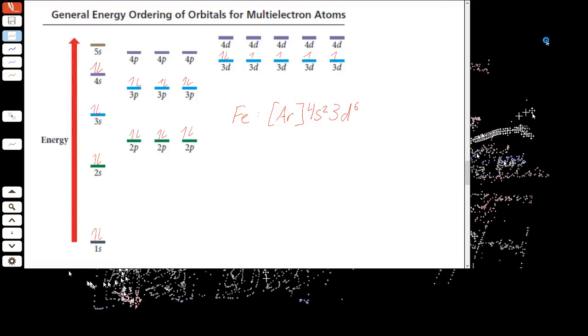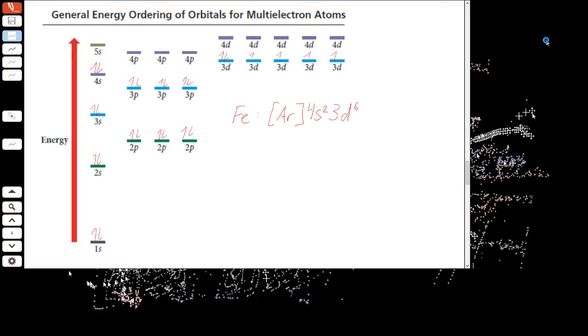So we get to the f's when we get down to the sixth row. We would first fill our 6s. Then we would jump down here and start filling the 4f. We have 14 electrons in the 4f.